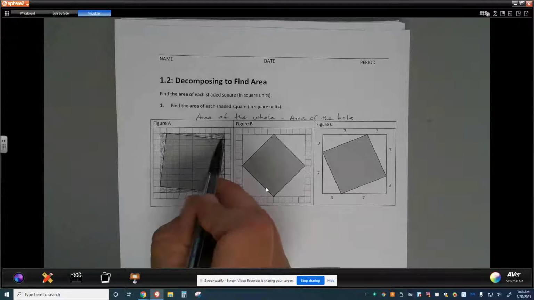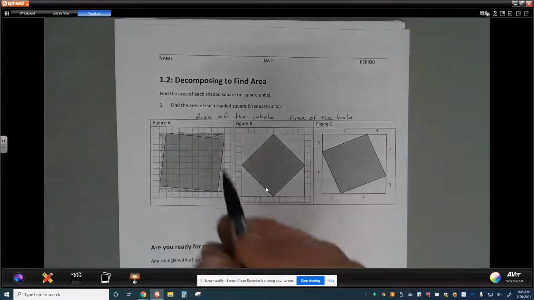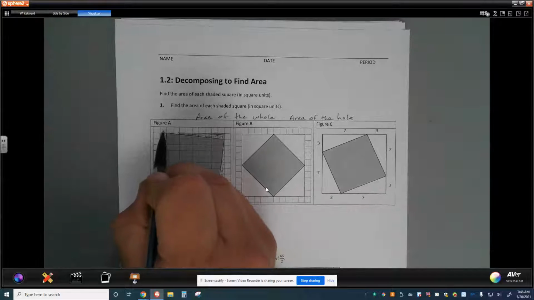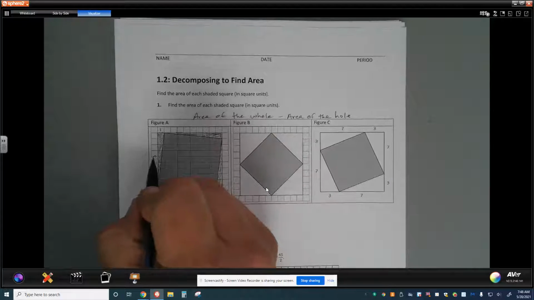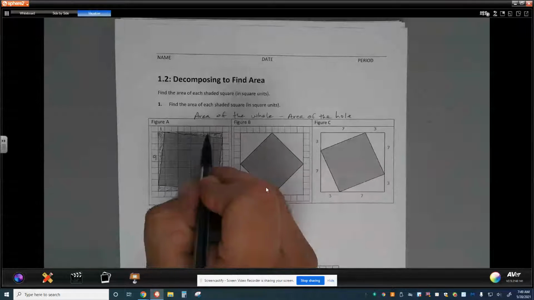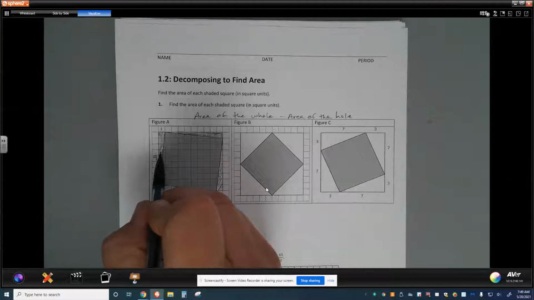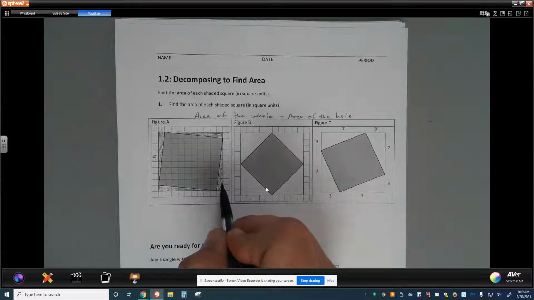If I look at the unshaded regions, I can recognize that those pieces are all the same size. I can see that they have a size of 1 by 9 on the triangle, or half of 9 square units. So each of these is 4.5 square units. If I were to take this piece right here and match it with this piece right here, I would see a total of 9 square units.